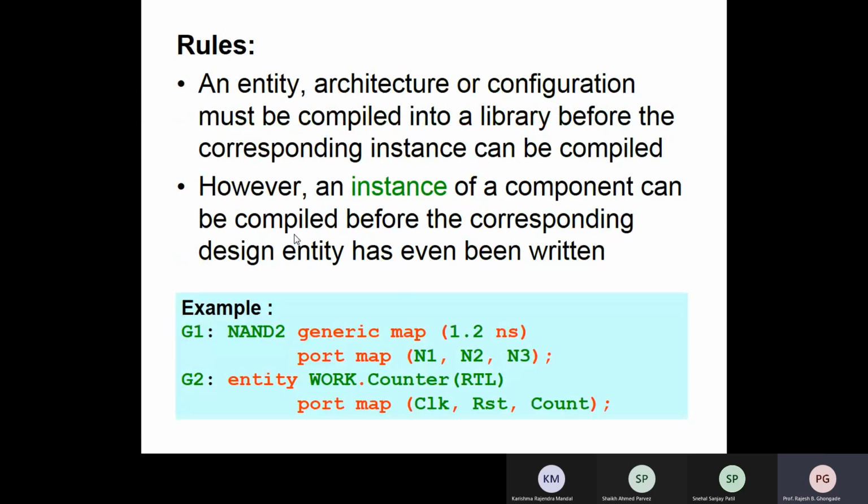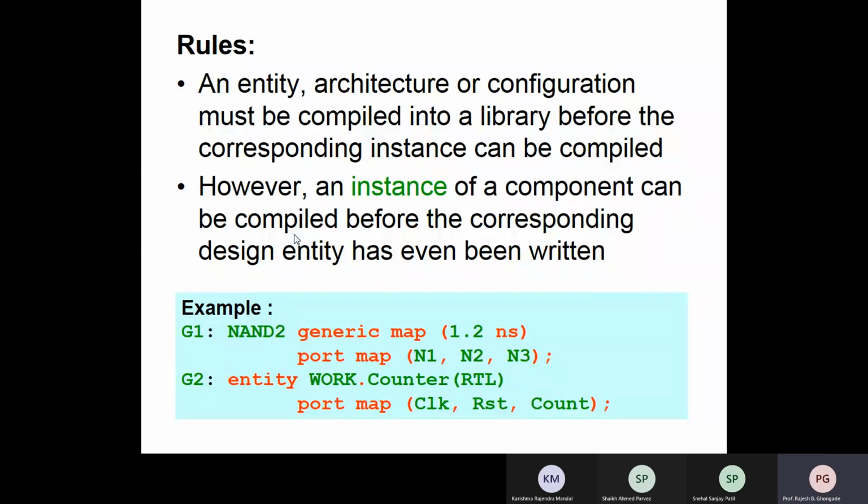So an example is, let us say G1, which is the label, NAND2. So saying that this is a 2 input NAND gate. Now generic map happens to be 1.2 nanoseconds. So this is a time. This is nothing but, let us say, your propagation delay. Okay. Then you have the port map N1, N2, N3. Obviously N1 and N2 are inputs, N3 is the output.